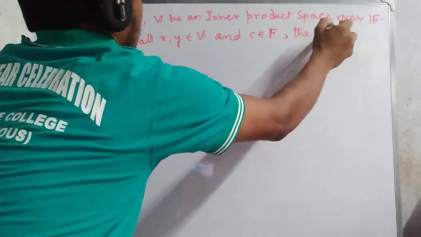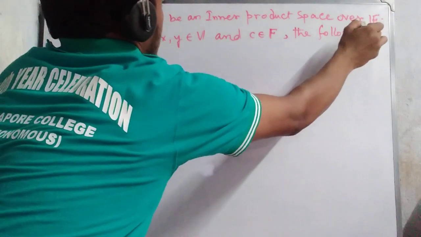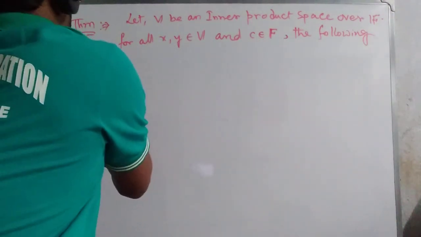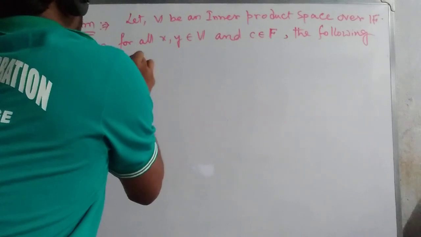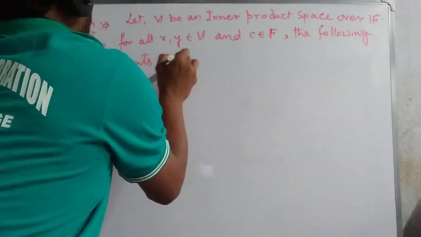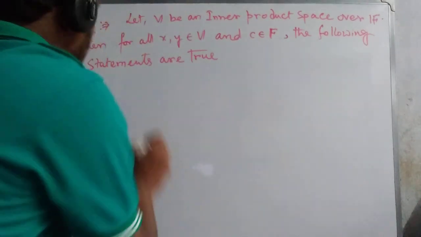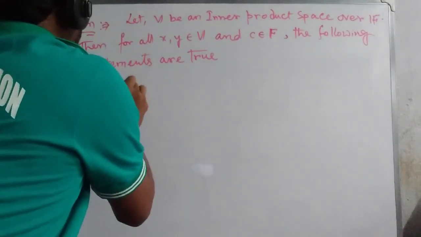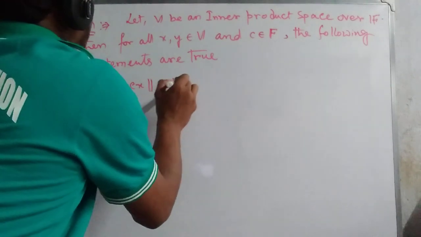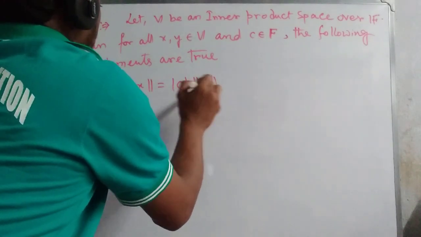First, norm of cx equal to mod of c times norm of x.